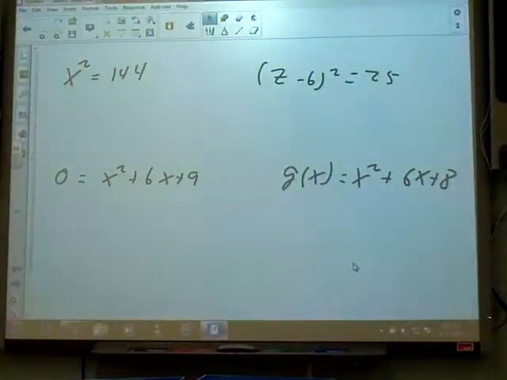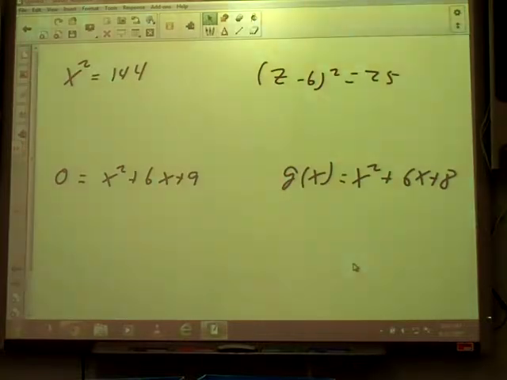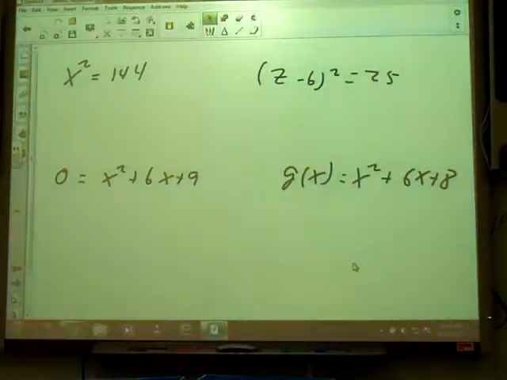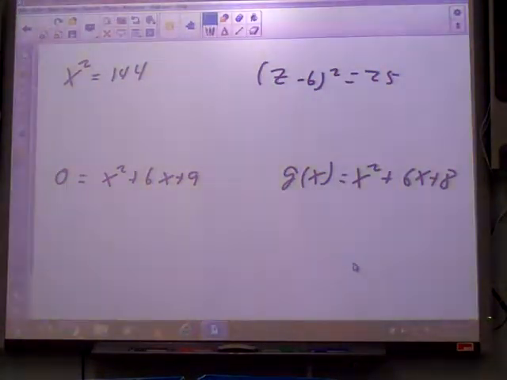That's one of the answers. What's the other one? Remember when you square root, you make plus minus. Do we do plus minus square root of 12 or just 12? Just 12, because the square root of 144 is 12.